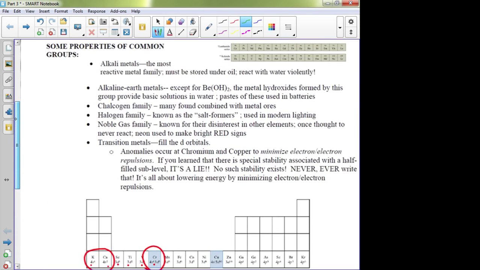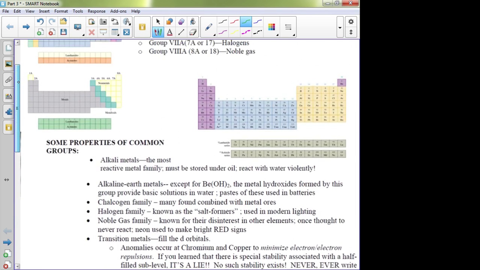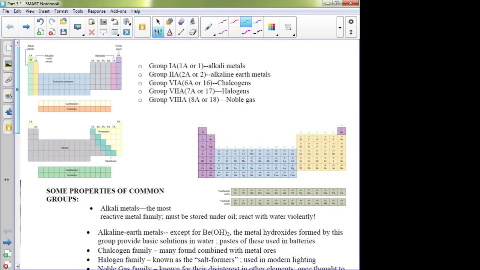To go back up here, I just wanted to get the exception out of the way. Don't forget the names of your groups, in case on the periodic table they talk about alkali metals, so you're not staring at your periodic table going, I don't remember where the alkali metals are. Okay? Column 1 is your alkali metals. They're the most reactive because they're trying to get rid of that electron. Group 2 are your alkaline earth metals.